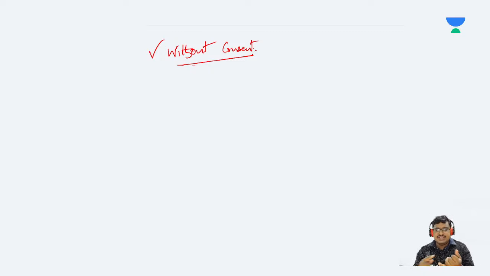Here, if a consent is given without coercion, without undue influence, without fraud, without mistake, it is said to be a free consent, friends. If a person moves a movable property out of the possession of its lawful possessor with a dishonest intention, without his consent, it amounts to theft, according to section 378 of IPC.